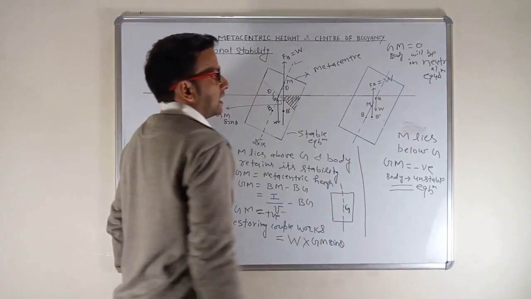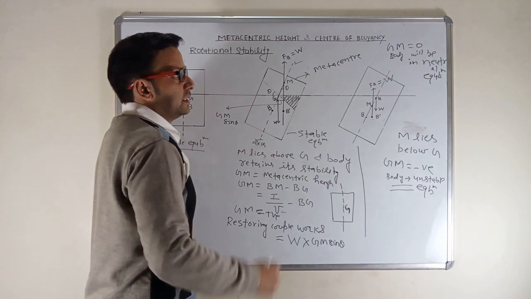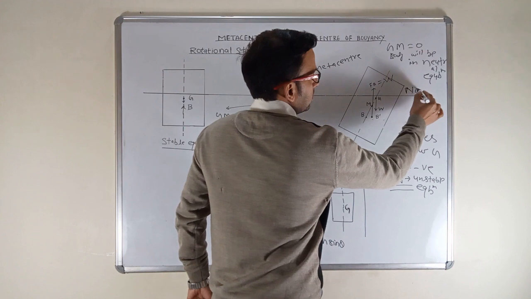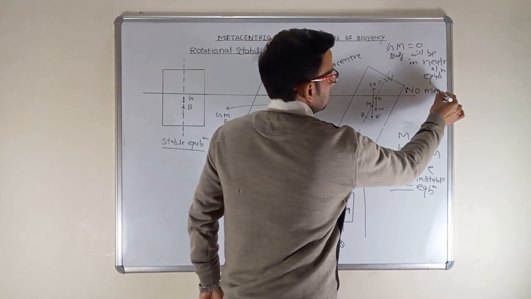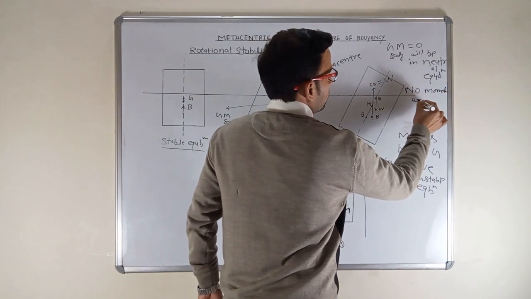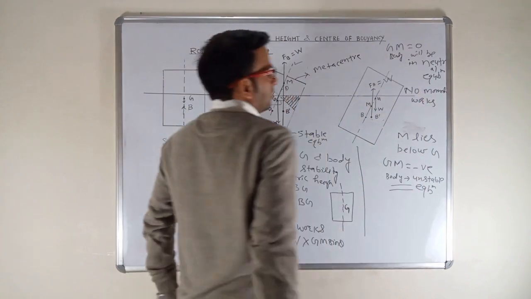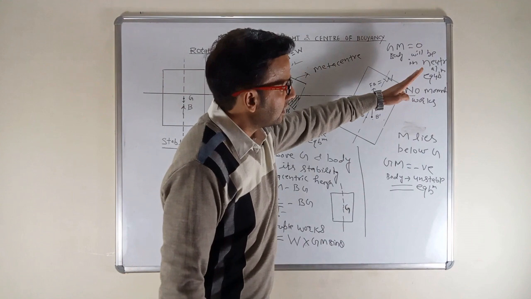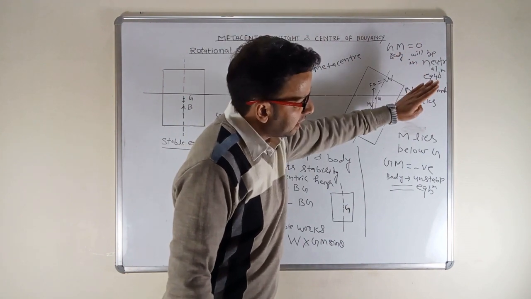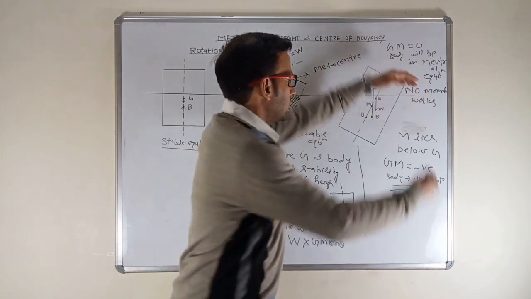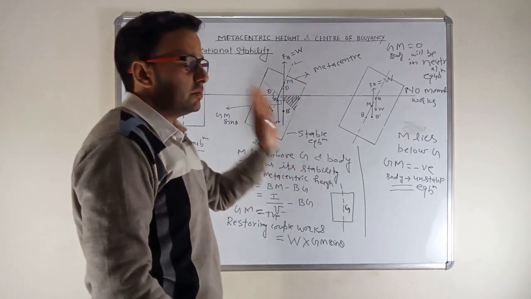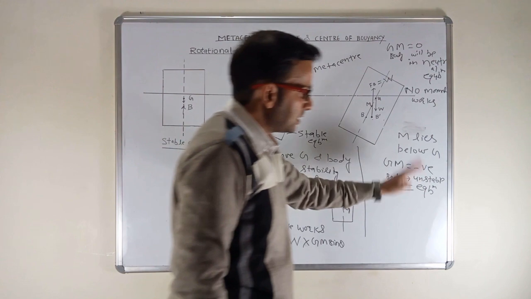In that case, metacentric height is 0 and the body is in neutral equilibrium, and no moment works in such a condition. If metacentric height is 0, no moment works. The body is in an equilibrium condition. If you tilt the body in that direction, the body will remain in that position. If you tilt the body in the other direction, it will remain in that position. There is no restoring couple or destabilizing couple.